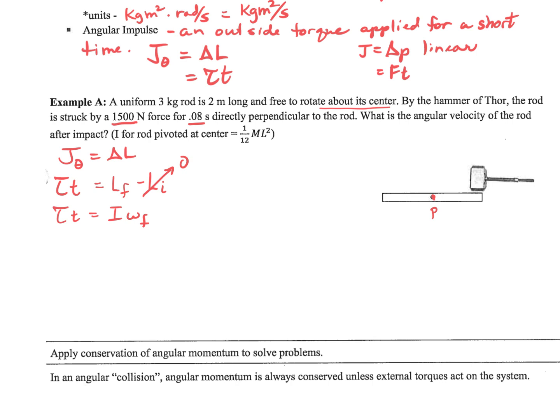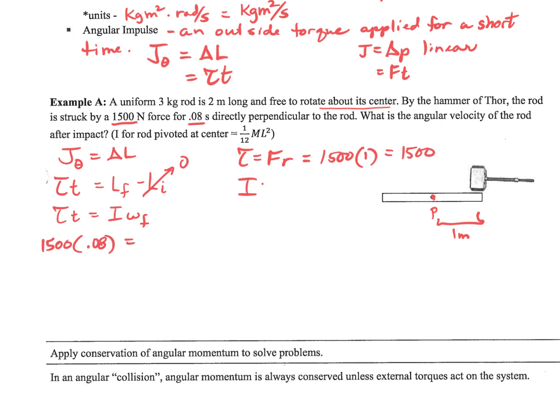So let's start by finding the things we need. Torque is equal to Fr. The force is 1,500, and R, if the rod is 2 meters long but the center is here, the distance from it is 1 meter, so this is times 1. So torque is equal to 1,500. Then we need the time, so we have 1,500 times the time, 0.08, is equal to I omega final.